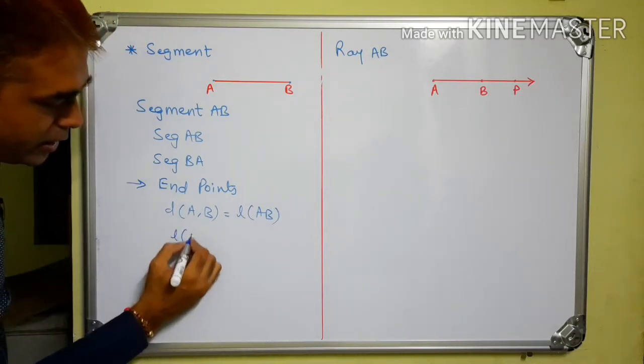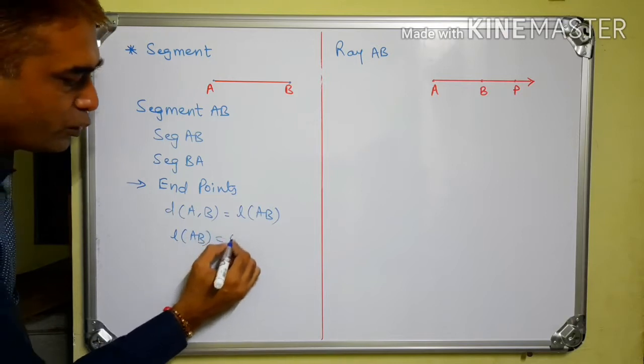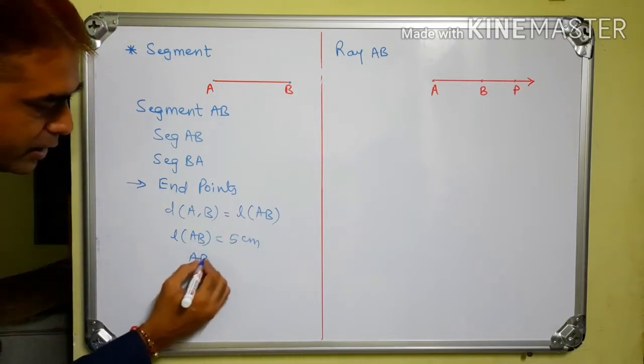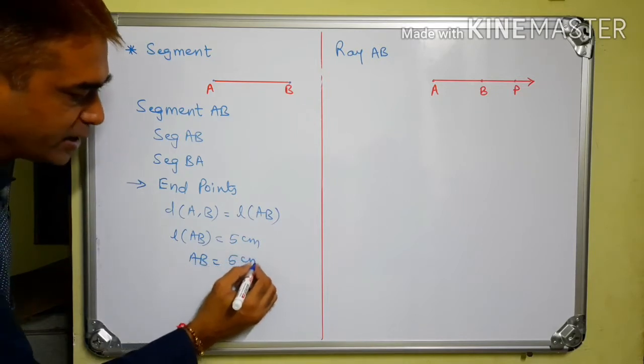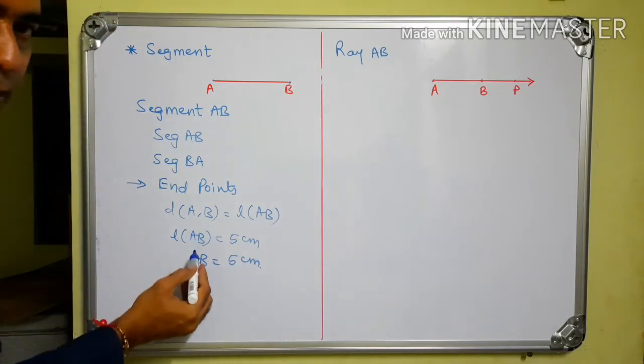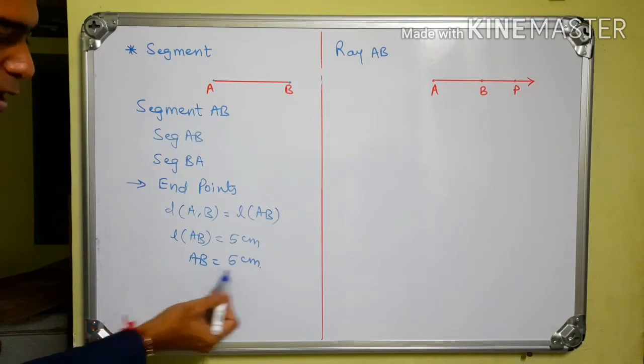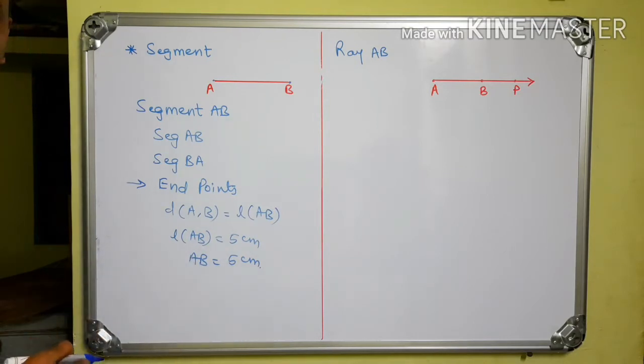If length AB equals 5 centimeter, this can also be written as AB equals 5 centimeter. So length AB can also be written as AB in short.